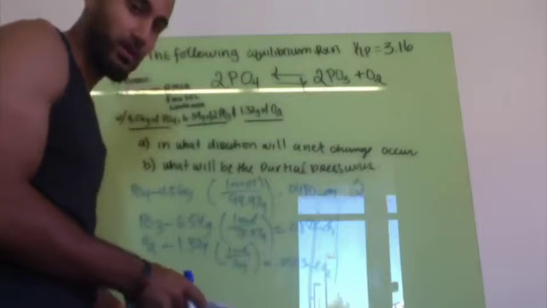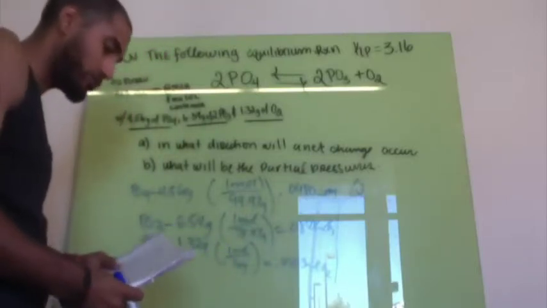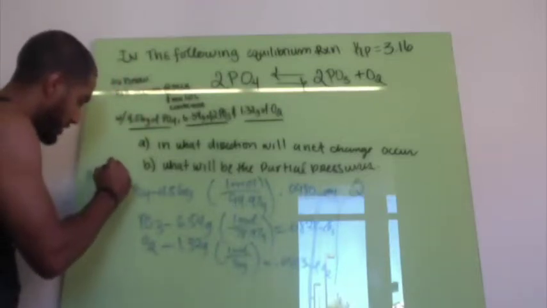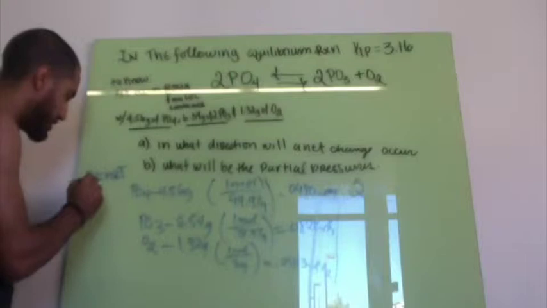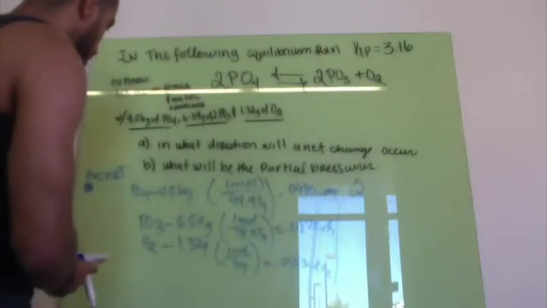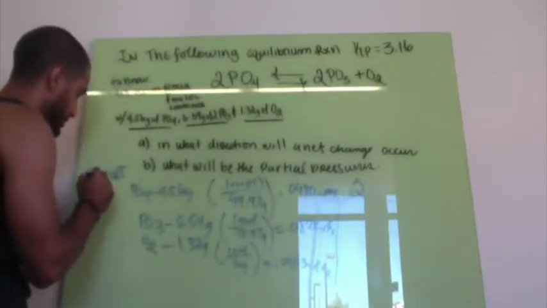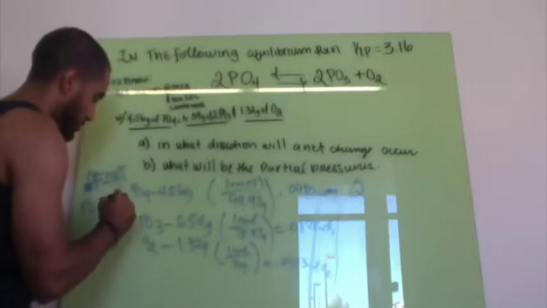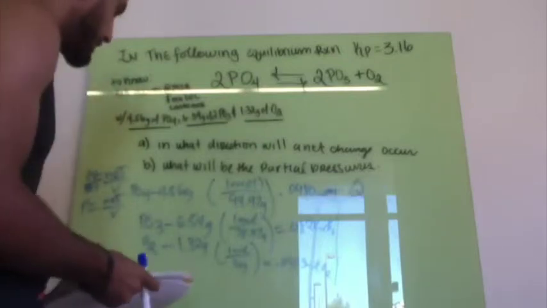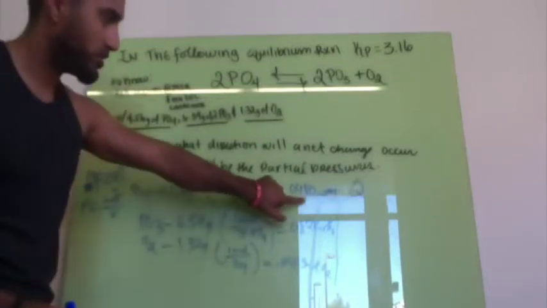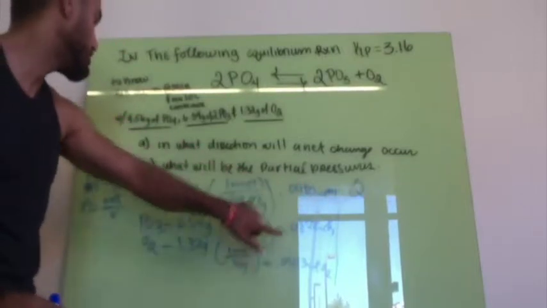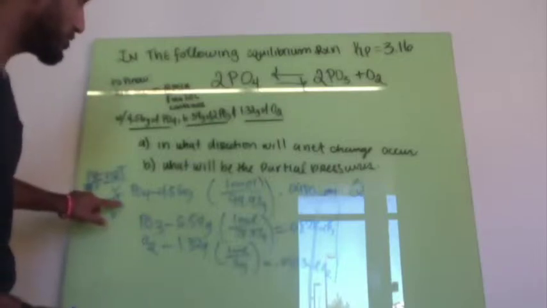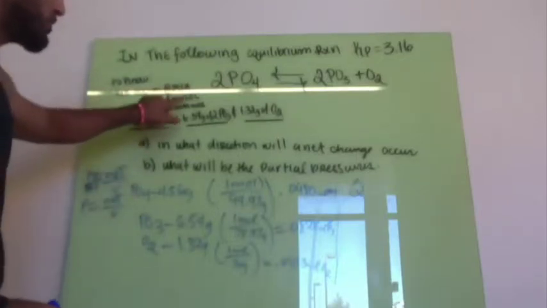So what we're going to have to do now is use the equation PV equals nRT to find the pressure. Dividing by V, we get P equals nRT over V. We have the n, which is our concentration, molarity, and we know R and T, and we also know the volume.